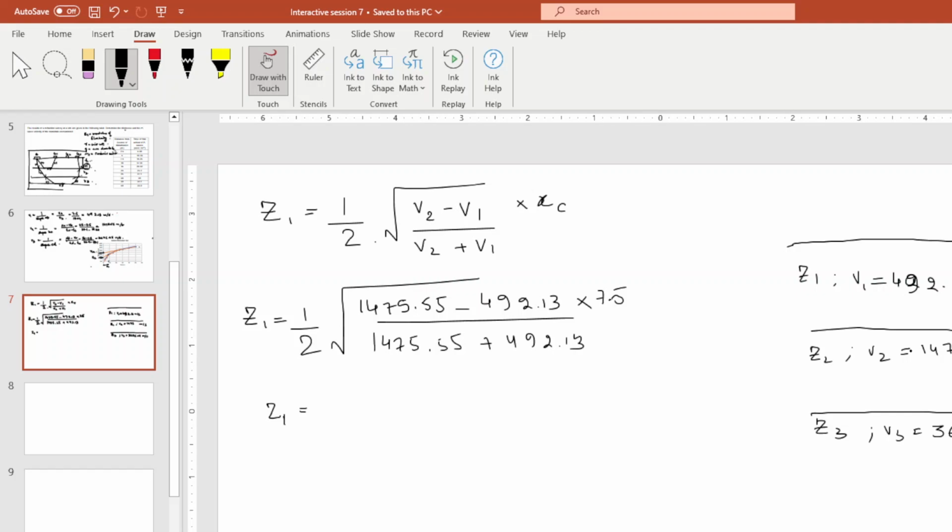Yes, 2.65 meter. So the first layer will be 2.65 meter thick.